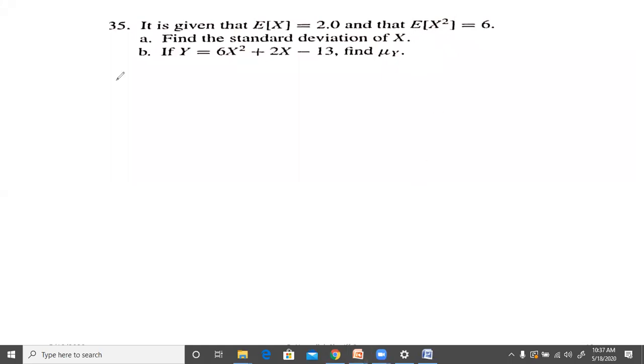First, part a, right? A is very simple. Sigma x square is equal to E of x square minus (E of x) whole square. Mu x is nothing but E of x.